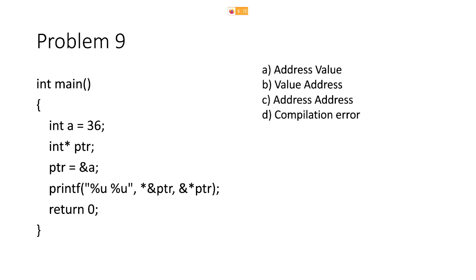Okay, so in this question we have variable a, which is an integer initialized to 36, and we have a pointer to an integer. I'm just repeating, I'm sure you would know that a pointer has an address.